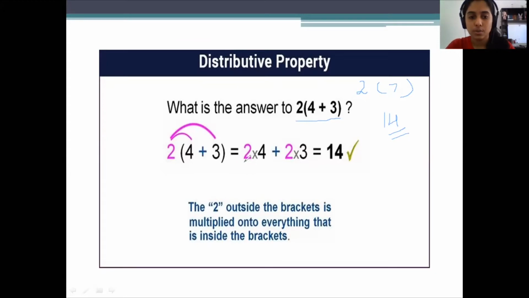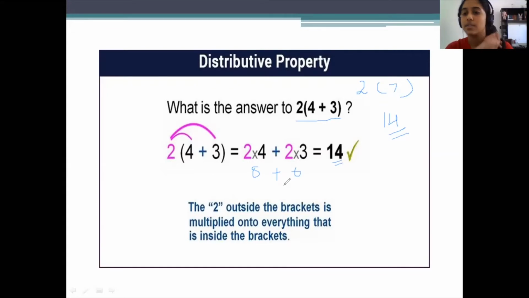Now what is 2 into 4? We know it's 8, and what is 2 into 3? We know it's 6. And if we add them, we get 14. So you get 14 this way and also this way.